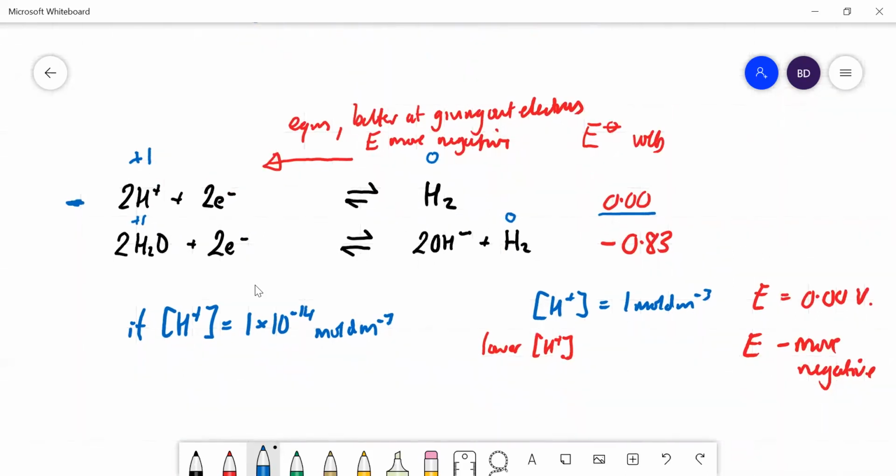So if H+ is equal to that, then OH- concentration is equal to 1 mole per decimeter cubed. What I'm saying is take this to the extreme, where you lower hydrogen ion concentration so much that it becomes alkaline, then you have that equation there. The standard conditions for that one have hydroxide concentration equal to 1 mole per decimeter cubed.